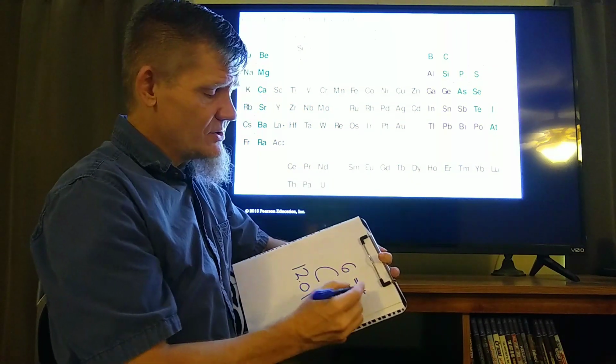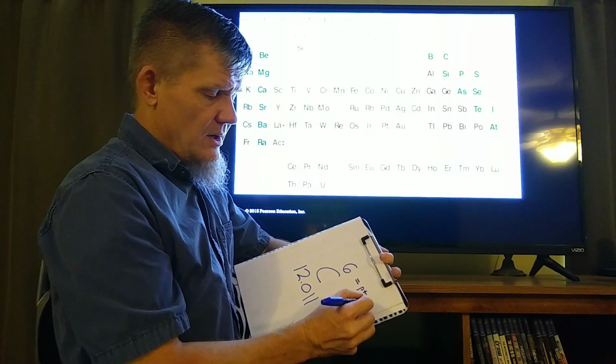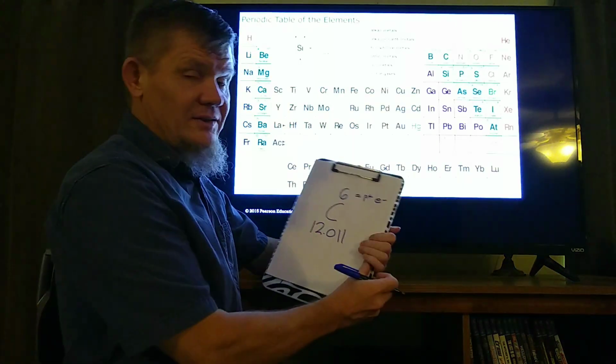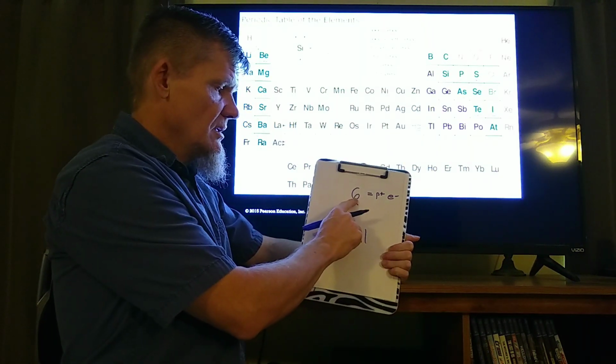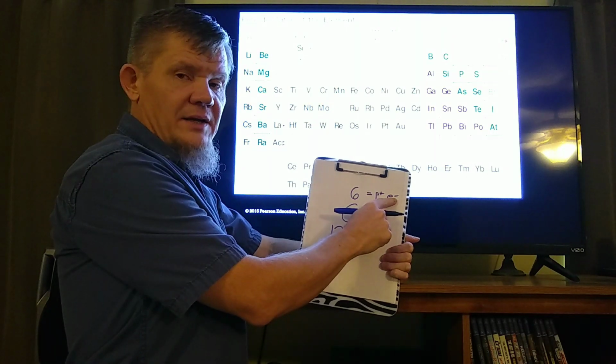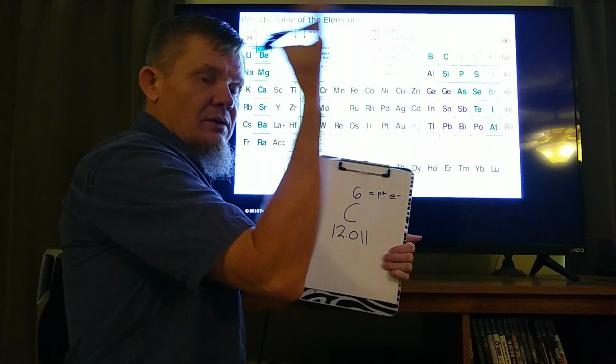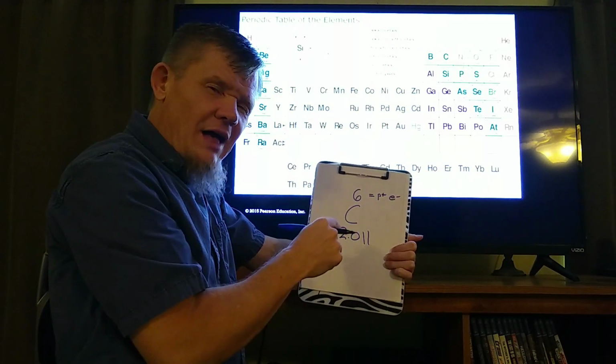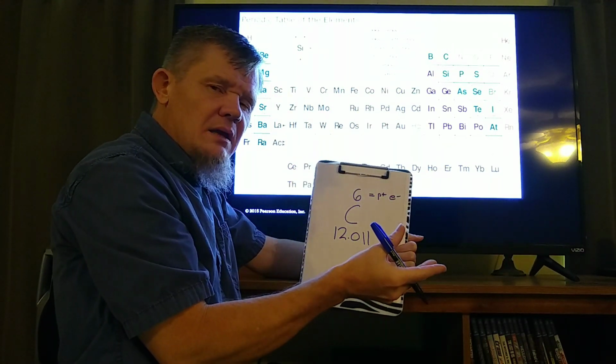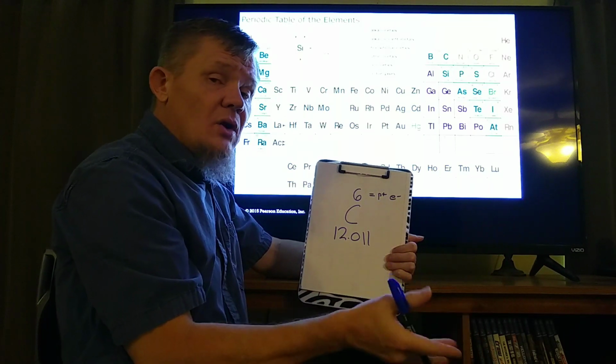That 6 is also equal to the number of electrons. 6 protons, 6 electrons. Protons are found in the nucleus, electrons orbit the nucleus. The last thing that you need to make an atom are these things called neutrons.